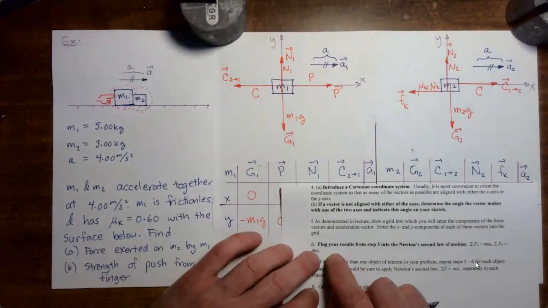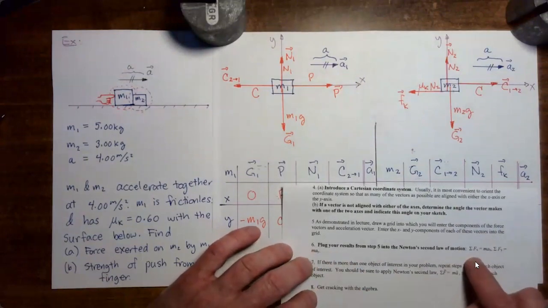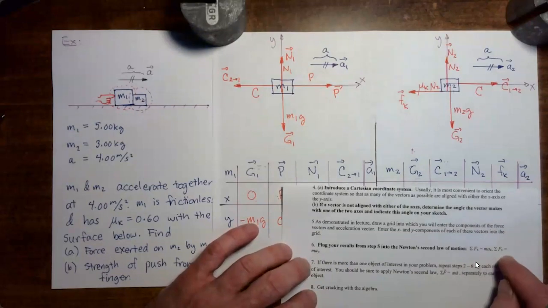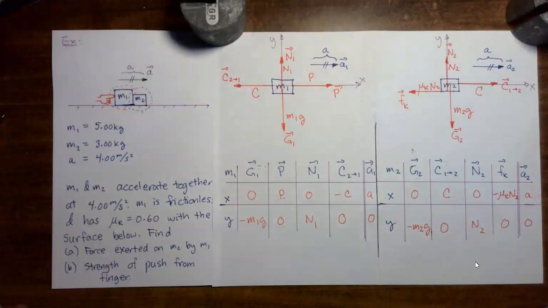Now we're going to go to step 6 on the handout, which is to plug our results into Newton's second law of motion, which says that the sum of forces in the x direction equals mass times the x component of acceleration, and similar for the y components as well. That's going to give us 4 equations, but we may not need all 4 of those equations.